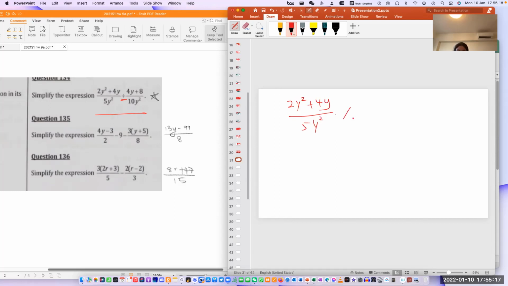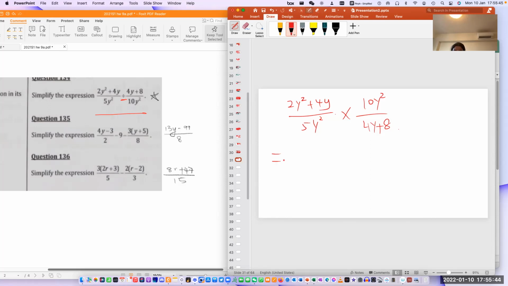When you divide, you times the flip version of the second fraction. Flip means up and down. Just flip it up and down. So my 10y squared comes to the numerator. This goes down. Okay, this at least you should start with. Then what to do next? Do you have any idea what to do next?